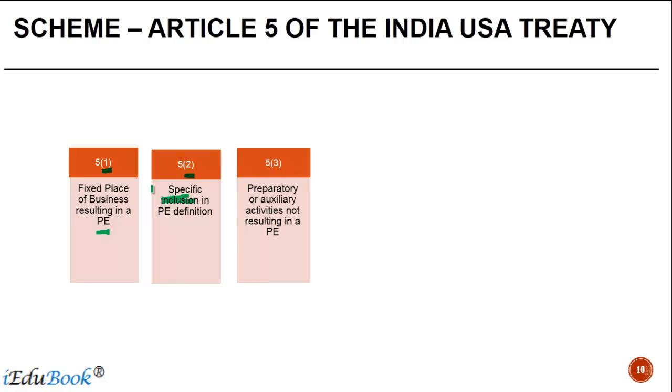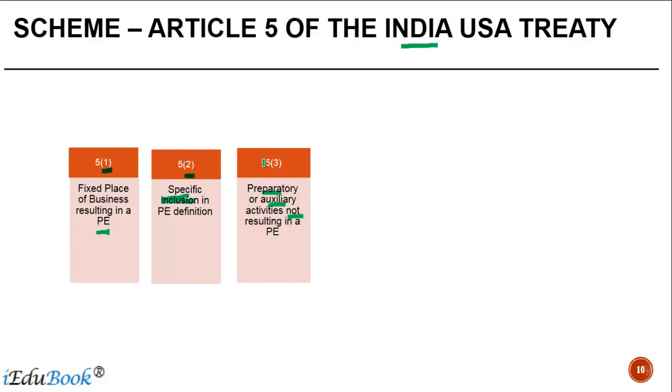Article 5, paragraph 3 deals with preparatory or auxiliary activities which do not result in a PE. Now, what can happen is that in case of some businesses, they may be carrying on activities in the source state, let's say if India were the source state, which do not directly or indirectly, somewhere remotely, contribute to the generation of income, but their activity or nature is considered such that it is believed that they do not result in income generation to a significant extent.